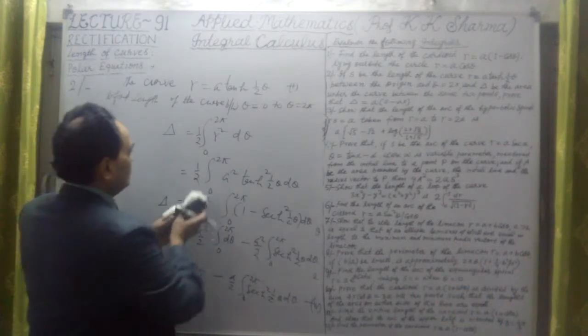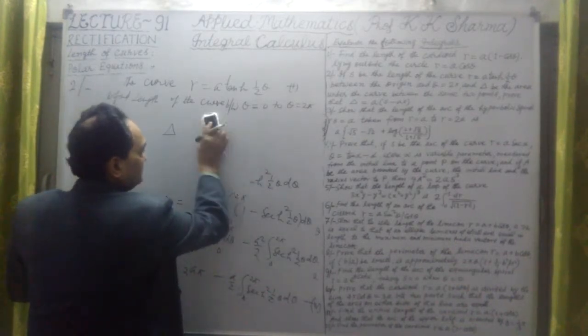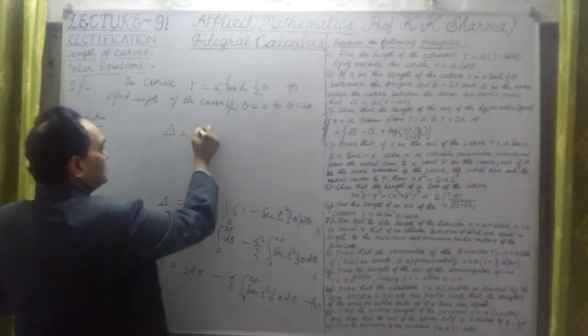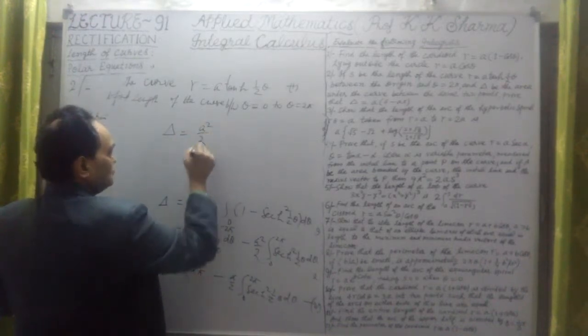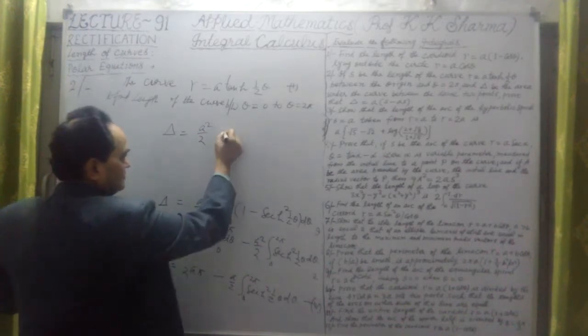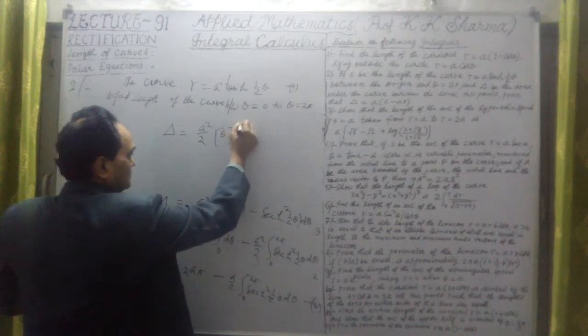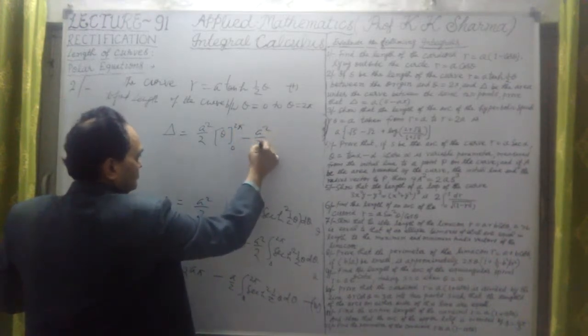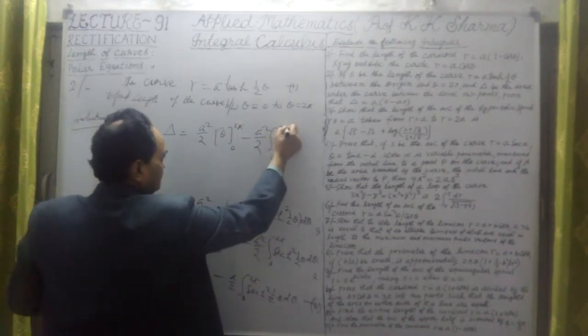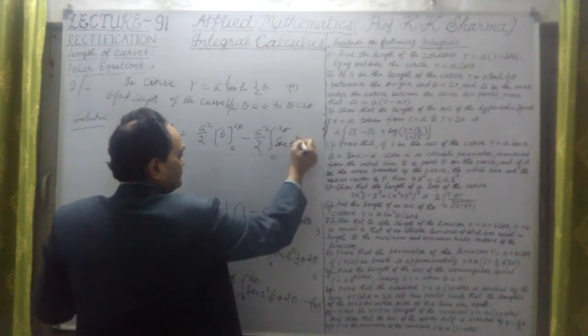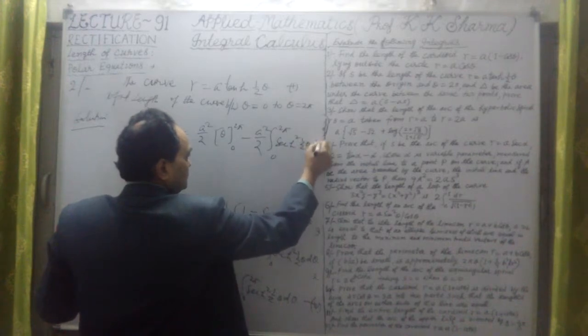So I'll take a common, but before that, let me write it here. So delta is equal to a square upon 2 into theta, the integration of d theta or 1, from 0 to 2 pi, minus a square upon 2, limits 0 to 2 pi, sech hyperbolic square 1.2 theta into d theta.